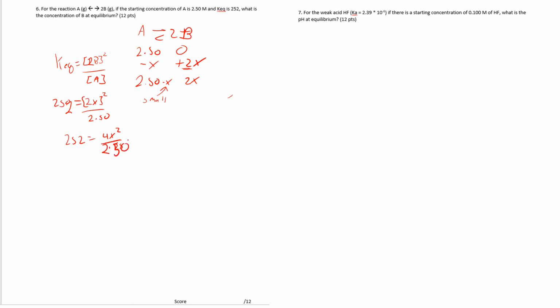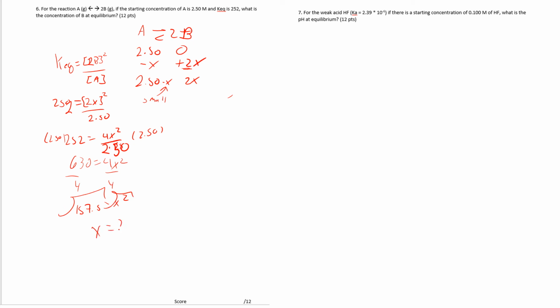Multiply each side by 2.50. So 252 times 2.5 is 630, which equals 4x squared. Divide each side by 4: 157.5 equals x squared. Square root everything.